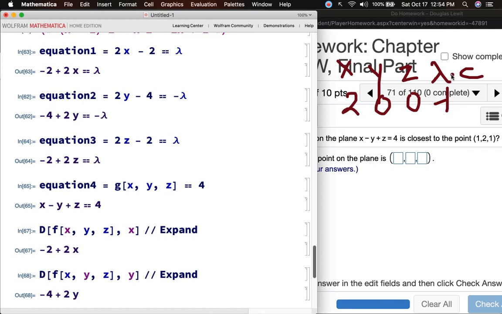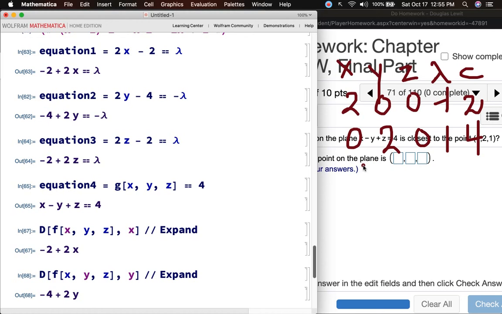My constant will be 2. Looking at my second equation, there's no X, there's a 2Y, there's no Z, and the negative lambda becomes positive lambda on the other side, and then that's going to become a 4.